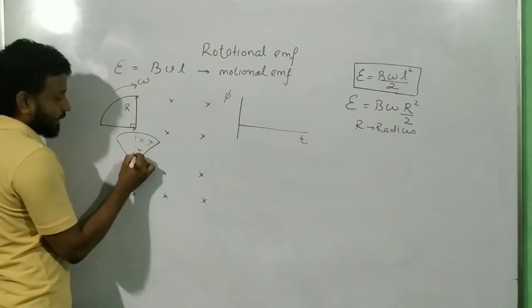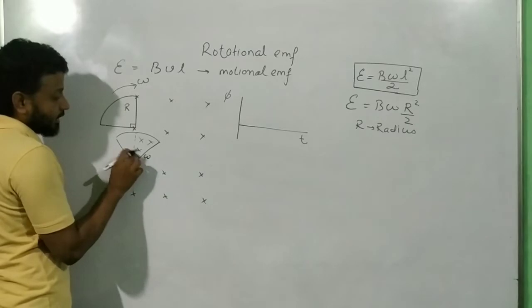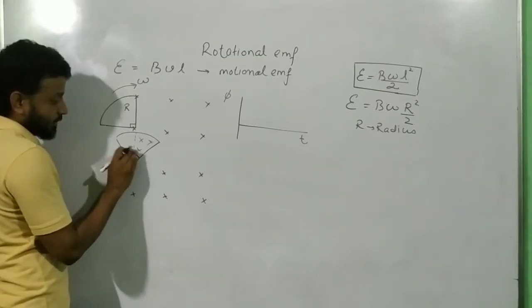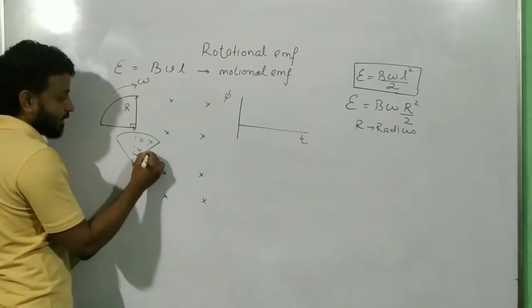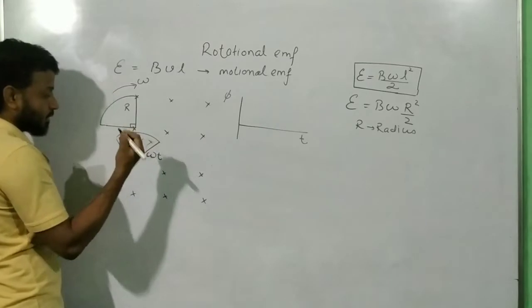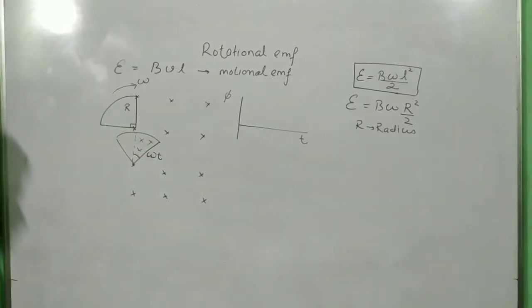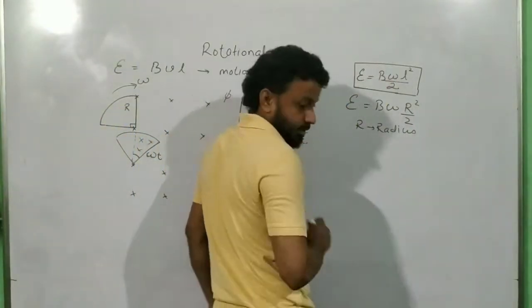At any instant of time, the angle which has gone inside the magnetic field will be equal to omega times t. Okay. So if I have to find, okay, I will not drop this part.